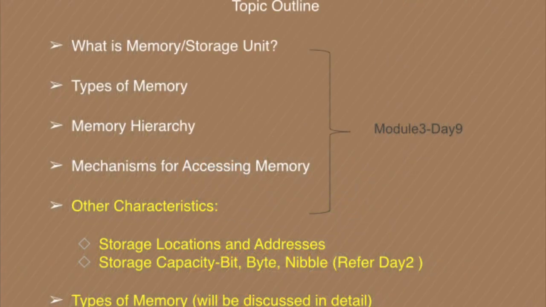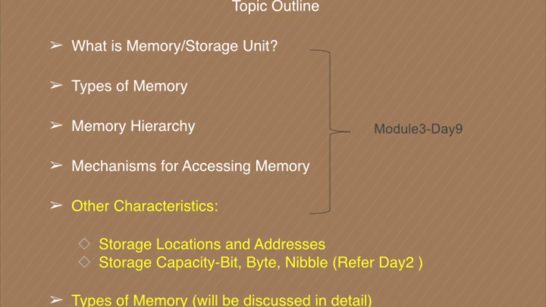We will discuss the types of memory in detail. Then we will see the memory hierarchy, and also some characteristics of memory, including the accessing methods. Then we will discuss storage locations and addresses.